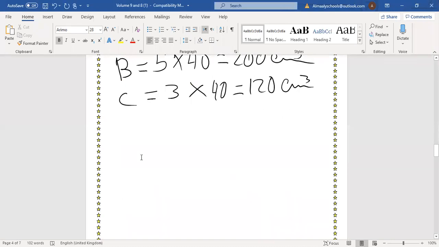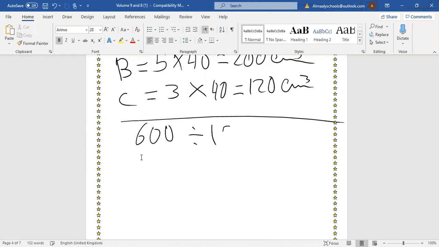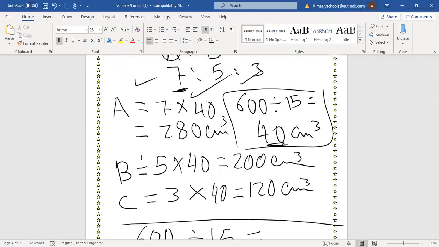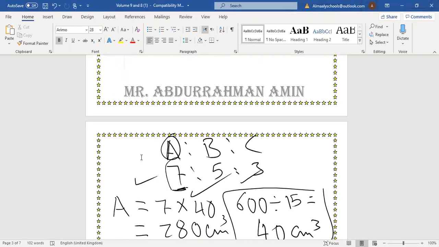And he said the total volume is 600 centimeter cube. So 600 centimeter cube, we will divide among the 15 parts. From where this 15? 7 plus 5 plus 3 equals 15 parts.